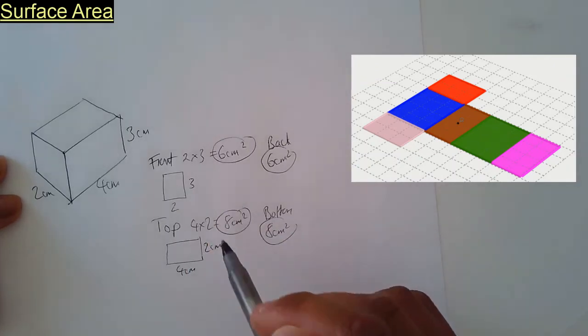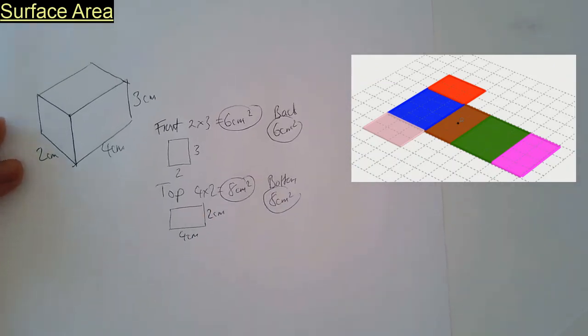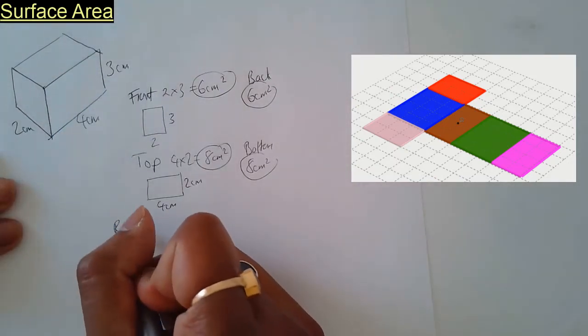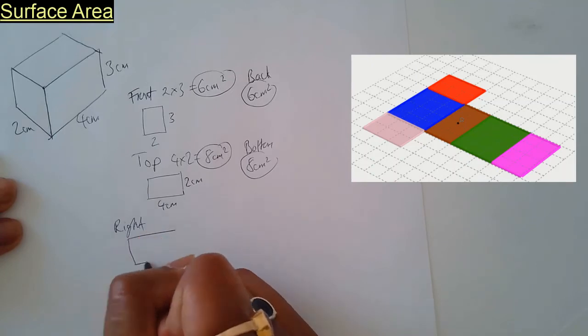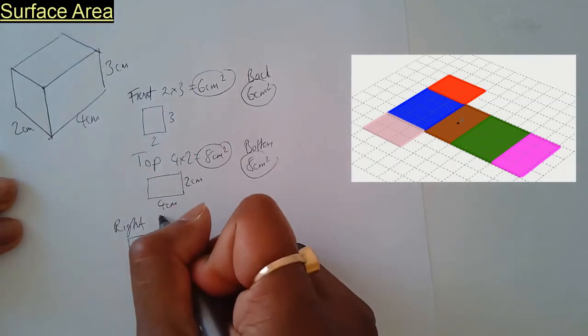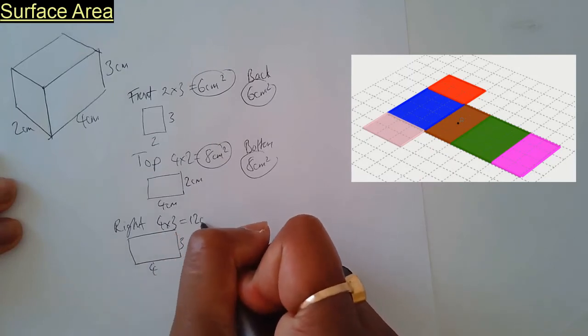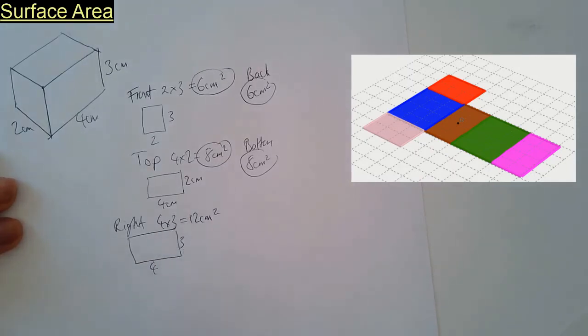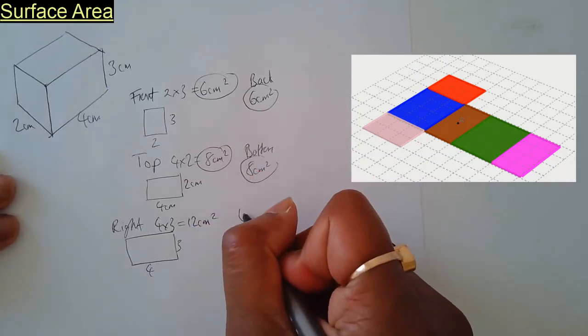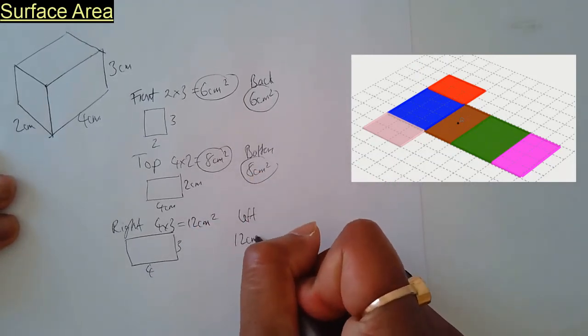So we've done front, back, top, bottom. What's left over? The right face. It's 4 and 3. 4 times 3, 12 centimeters squared. So the right is 12 centimeters squared. Obviously the left face will also be 12 centimeters squared.